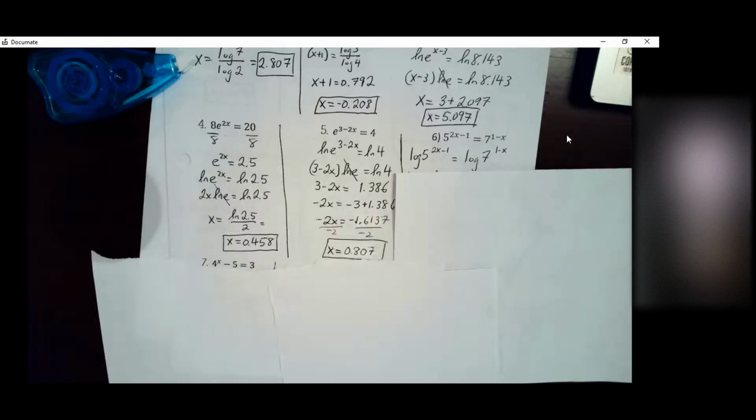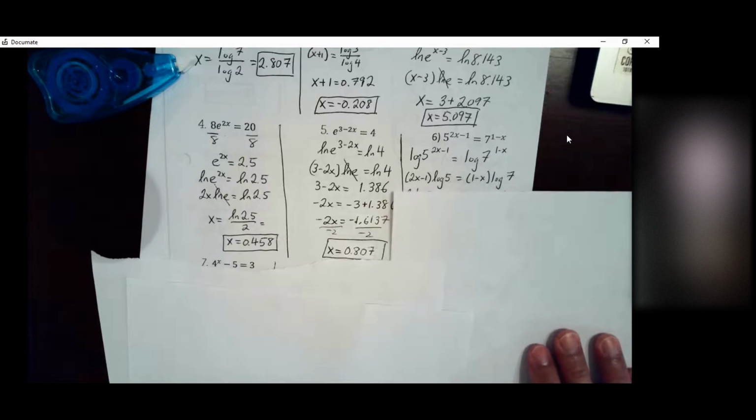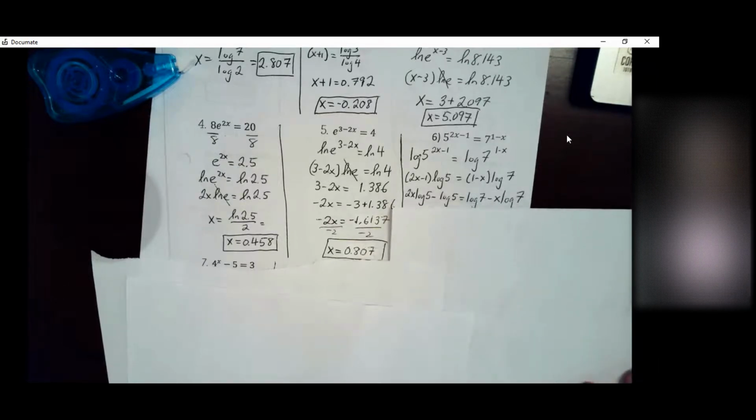So 2x log 5 minus log 5 equals log 7 minus x log 7. Then bring the x's to the same side.